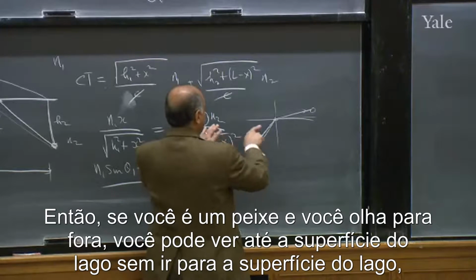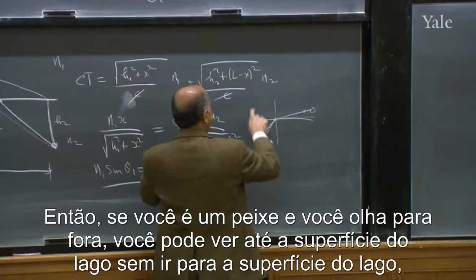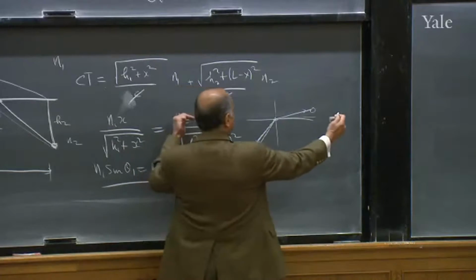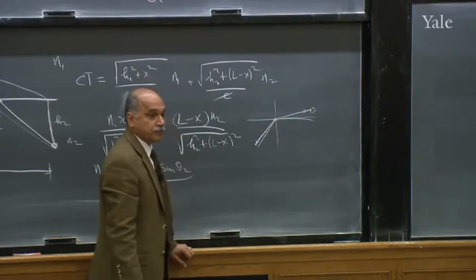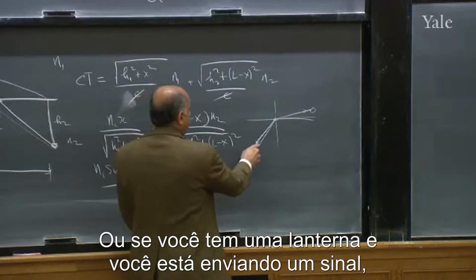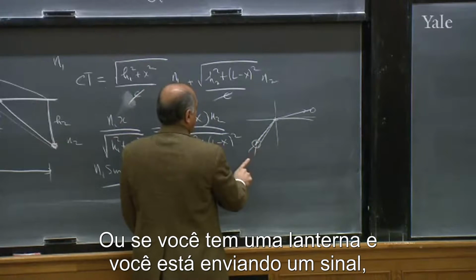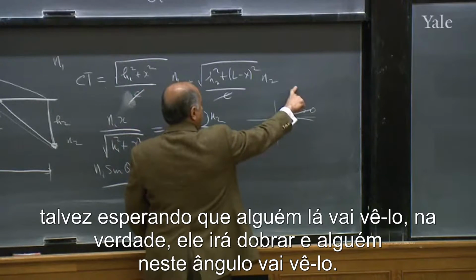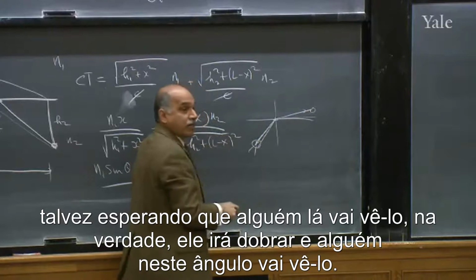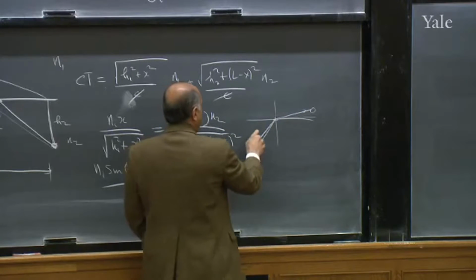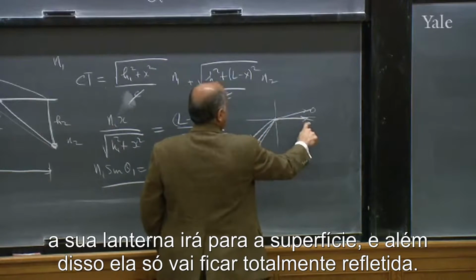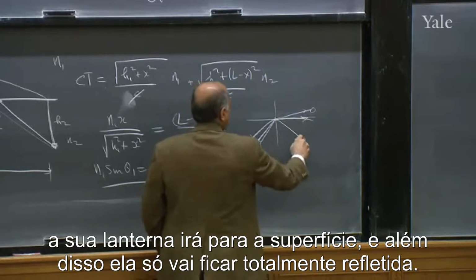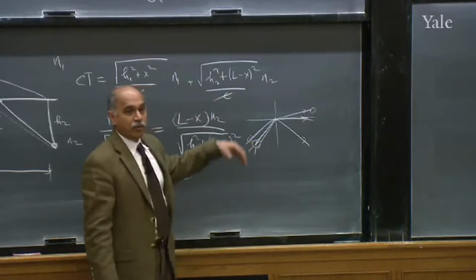So if you're a fish and you look out, you can see right up to the surface of the lake without going to the surface, because all the light right up to the surface bends and comes into you. Or if you've got a flashlight and you're sending a signal, maybe hoping somebody there will see it, actually it'll bend and somebody at this angle will see it. And if the angle exceeds a certain critical angle, your flashlight will go to that surface, and beyond that it'll just get fully reflected. It won't be able to go to the other side.